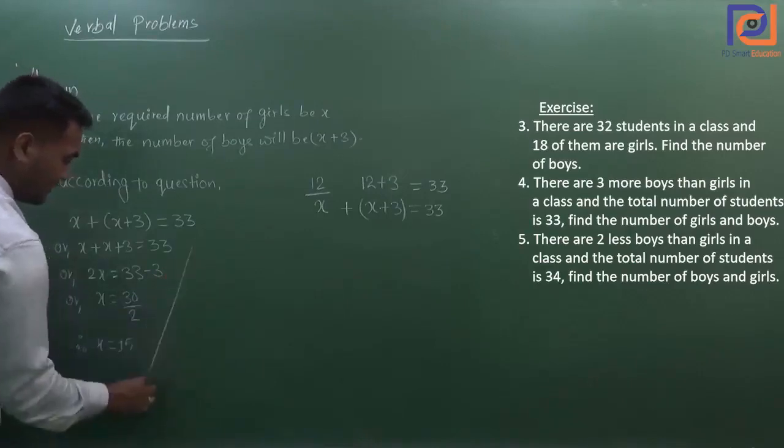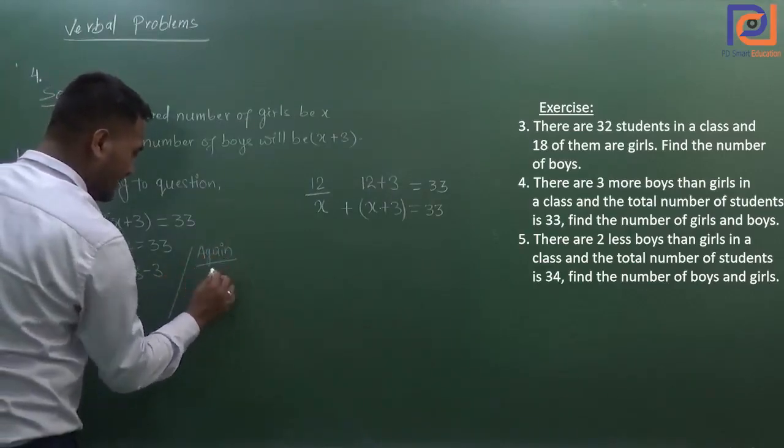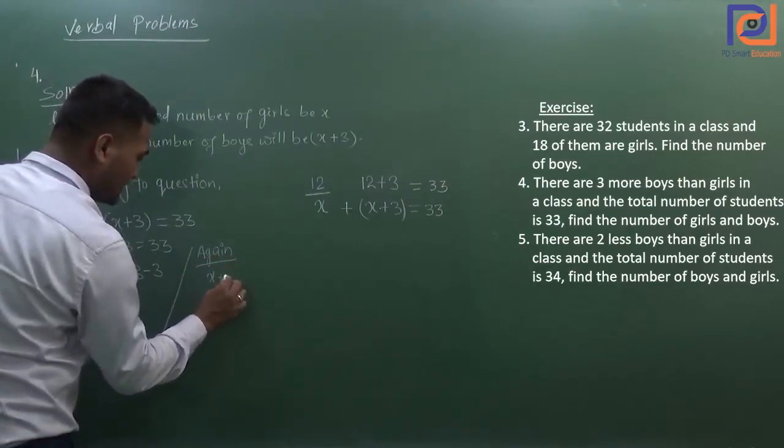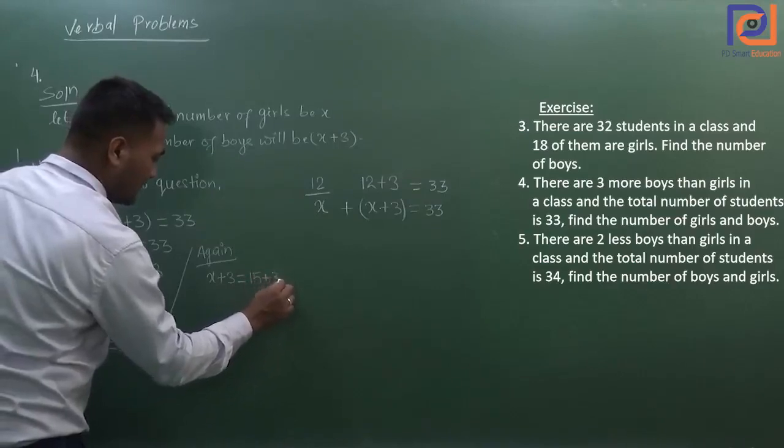Now you need to find the number of boys. Again we have supposed that number of boys is x plus 3, that is equals to 15 plus 3 is 18.